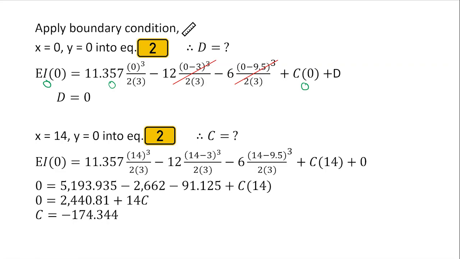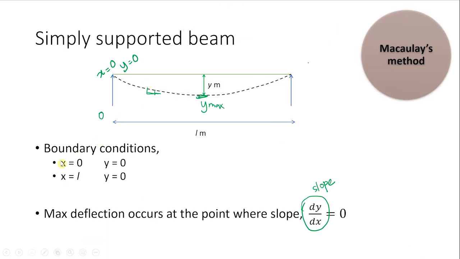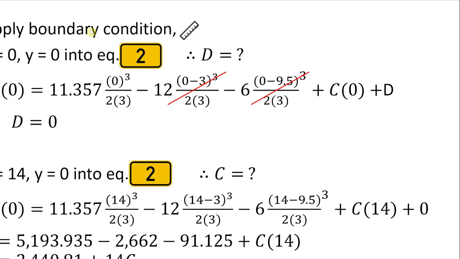So for C, kita akan pakai another boundary condition, which is when X is equal to L, Y will be equal to 0. Means here lah, X sama dengan L, Y akan jadi kosong. Paling hujung. Kita tahu bila ada support, takkan ada deflection. Right.